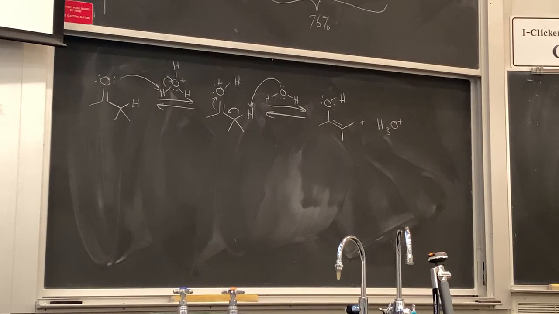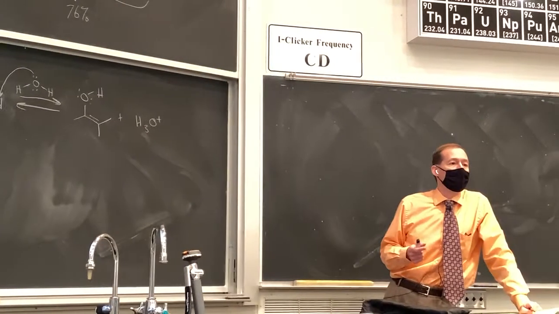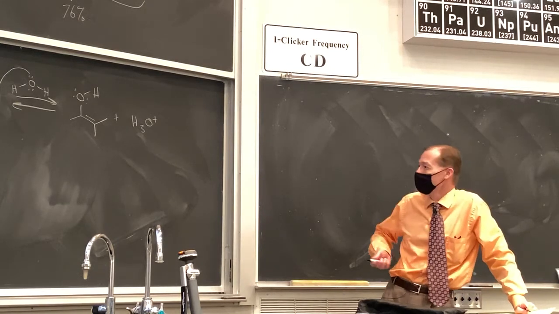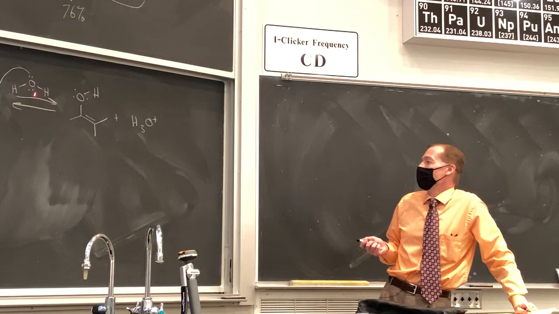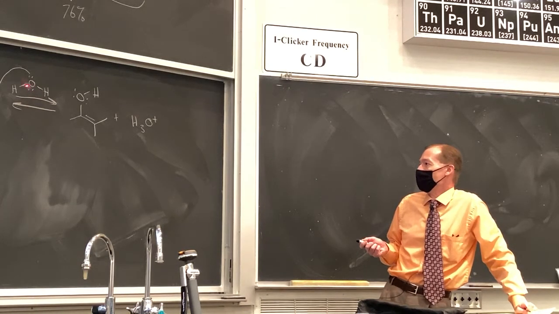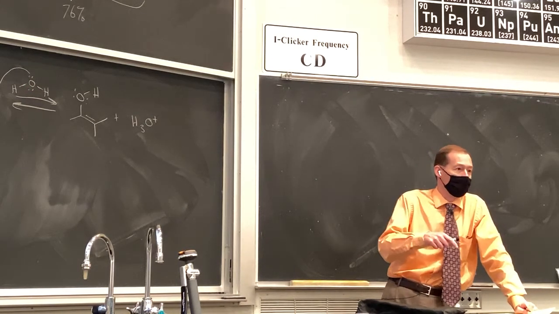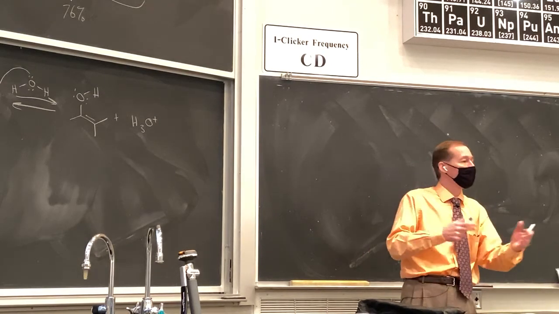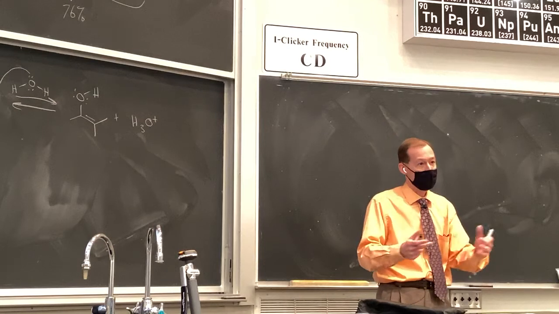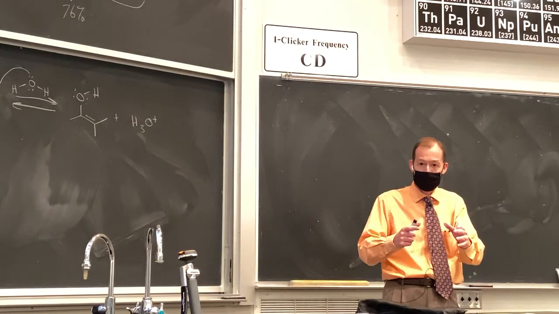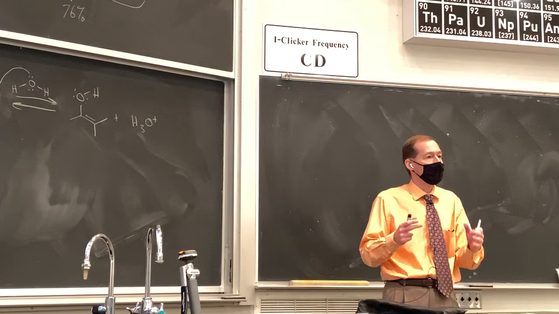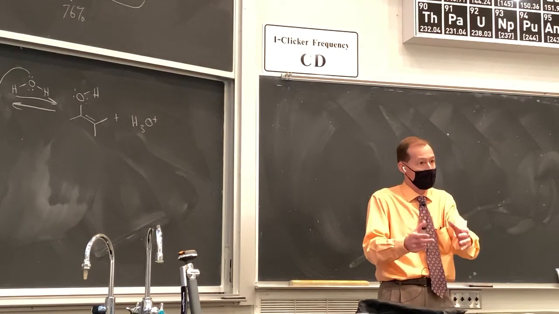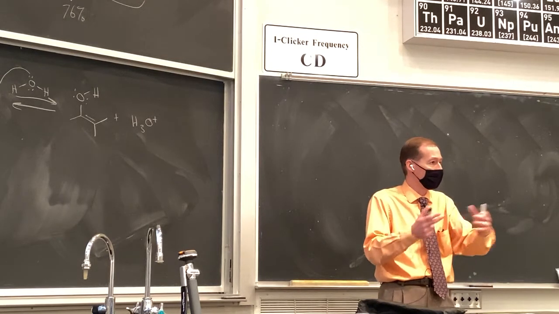If you remember, and hopefully you do remember, the mechanism of hydrate formation that we learned in chapter 21, we learned that we can protonate a carbonyl and that water can act as a nucleophile and attack the carbonyl carbon. So you might wonder, why are we deprotonating here? Well, both equilibria are operating simultaneously. If we have a ketone dissolved in aqueous acid, most of that ketone is going to be present as the ketone, but you have an equilibrium between the ketone and the hydrate.